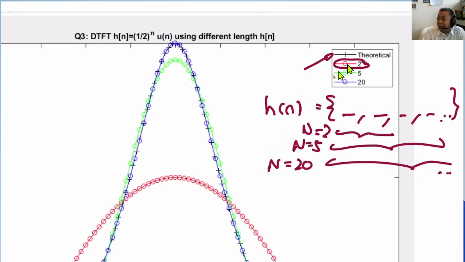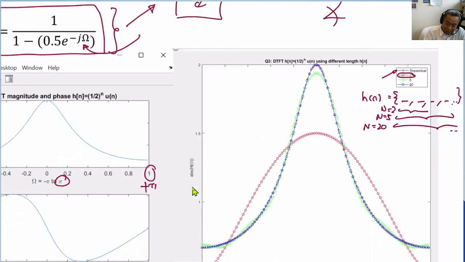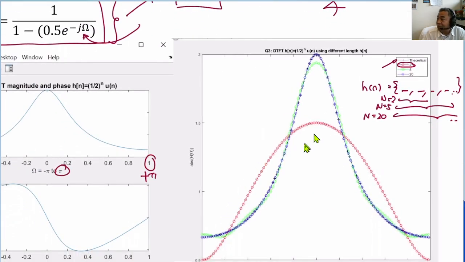Now you'll see that when n equals 2, it is that red thing over here. But by the time it is n equals 5, it is quite close. And when it's n equals 20, the theoretical one is almost identical. So even though this is an infinite sequence, once we use, in this example, up to 20 numbers representing h of n, it is enough.